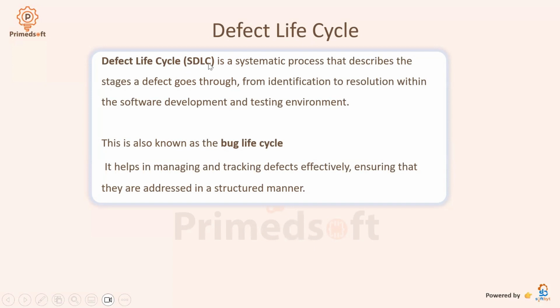SDLC is software development life cycle. So this is just defect life cycle and not SDLC. Defect life cycle is a systematic process that describes the stages that a defect goes through from identification to resolution within a software development and testing team.